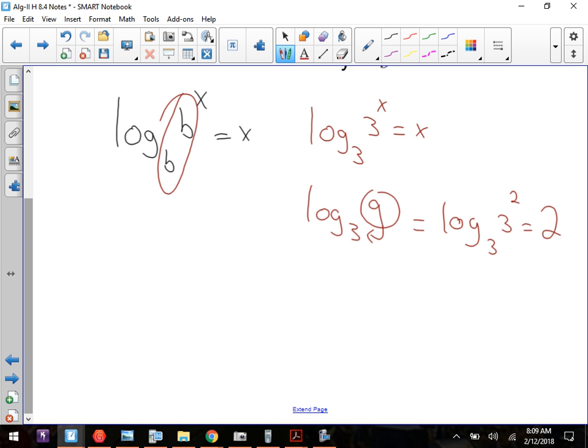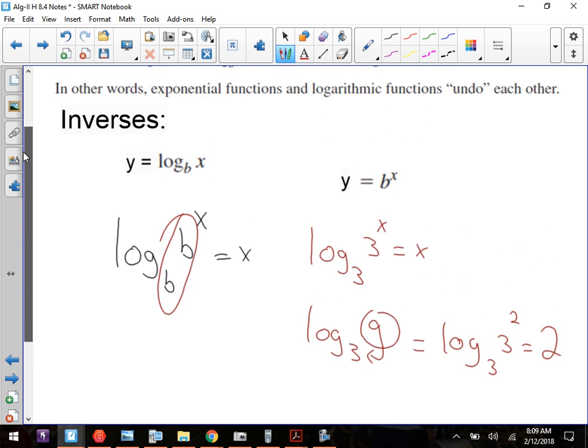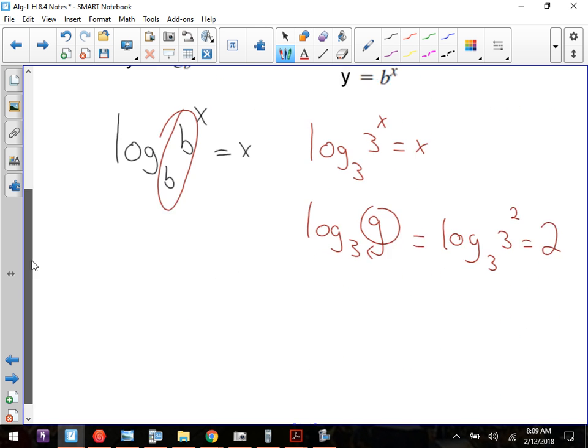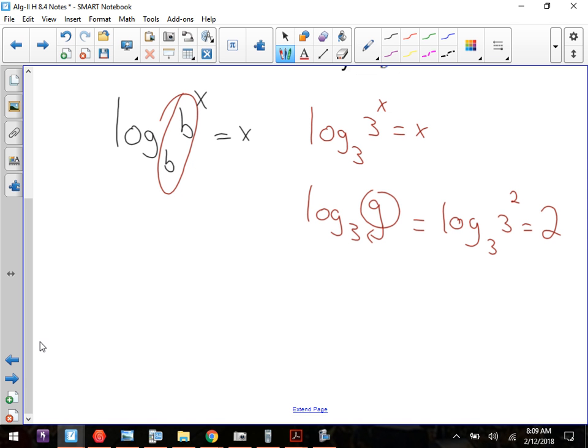Same thing goes for this. If we have a base to a log base, if those two bases are the same again, they undo each other.